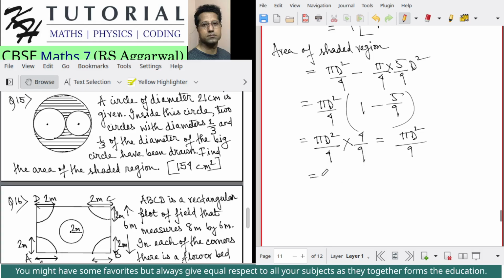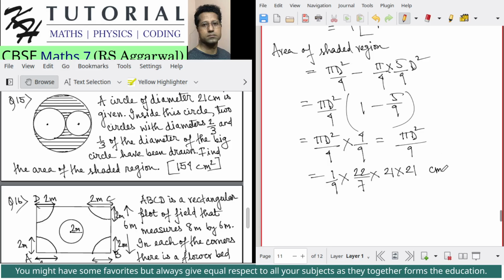Okay, and we know d is the diameter of the bigger circle, which is given as 21. So this is 1 by 9 multiplied by pi, where pi is 22 by 7, multiplied by d, which is 21, multiplied by 21.